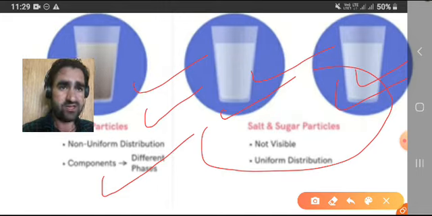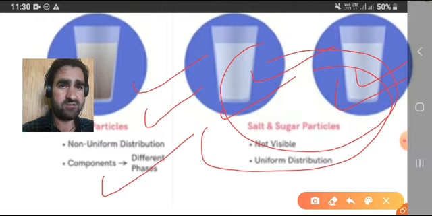In the salt and water solution, we cannot have salt particles visible to the naked eye. Also, in case of sugar and water solution, the sugar particles are not distinct, they are not visible. So there is uniform distribution of particles in these two solutions. However, in case of this one, there is non-uniform distribution.